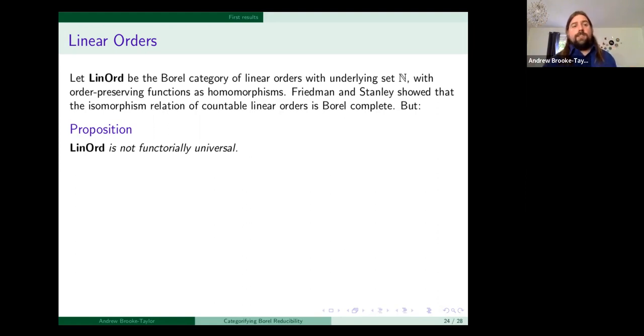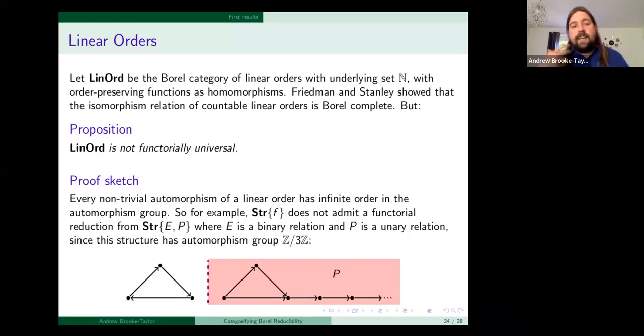So, linear orders. Friedman and Stanley showed that the isomorphism relation for countable linear orders is Borel complete, but it's not functorially universal. And the argument here again boils down to the automorphism group. If you have a non-trivial automorphism of a linear order, then it must have infinite order in the automorphism group.